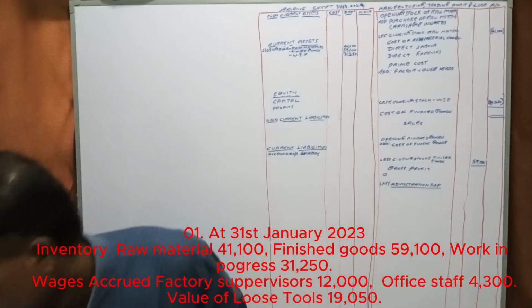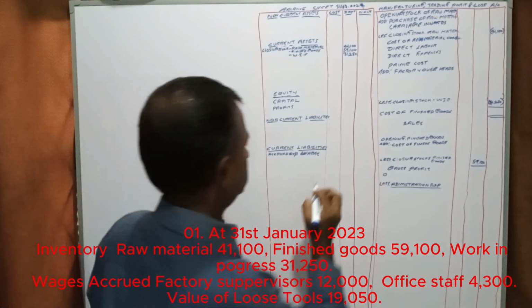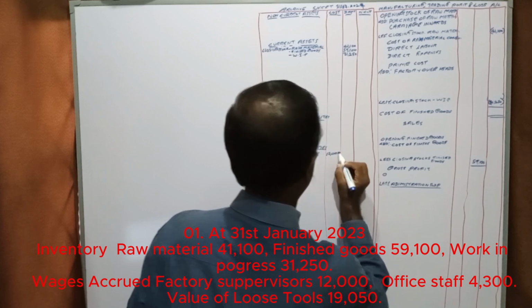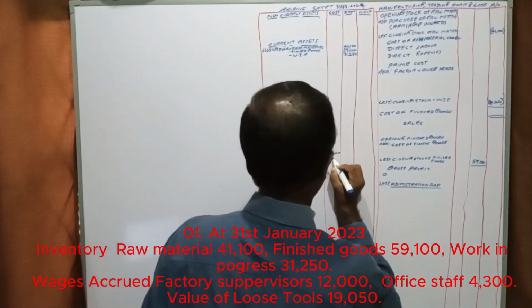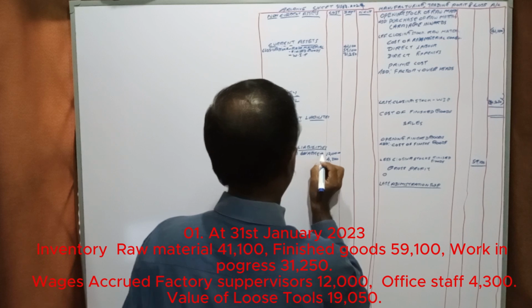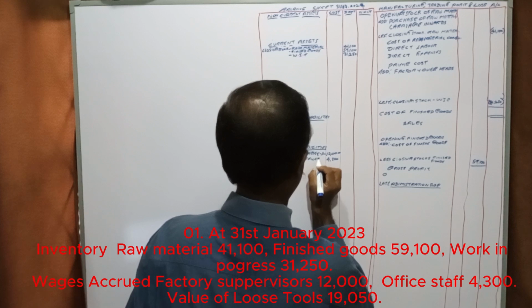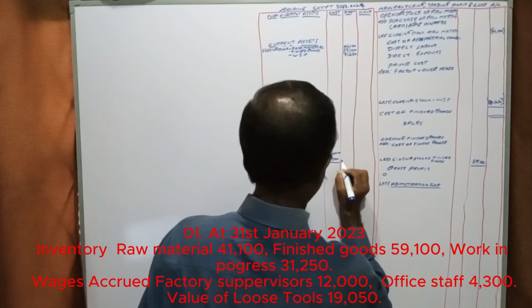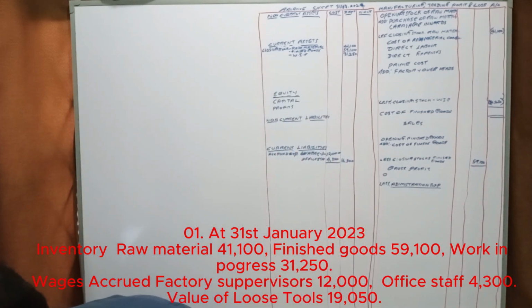Wages, how much? 12,000 plus 4,300, supervisor and office staff, that is 16,300 accrued expenses.